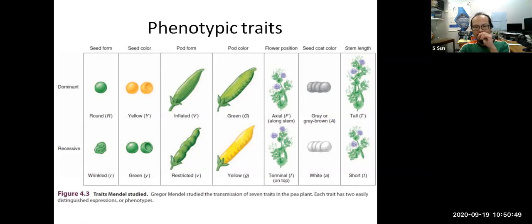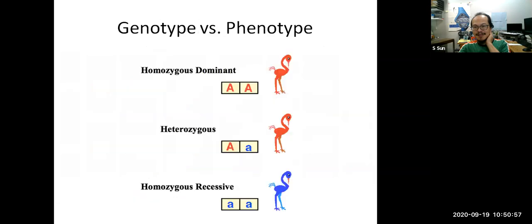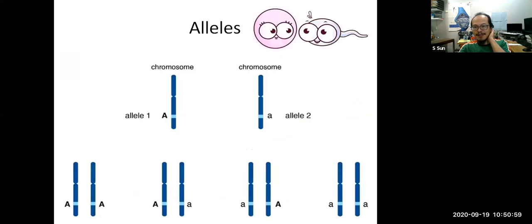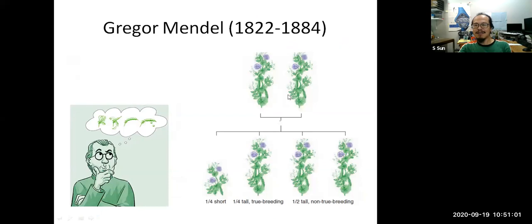And by doing so, he observed that if the parents right here are all tall, but the kids could be short, it means that tall must be a dominant allele. Short is recessive, because these two tall parents must carry one short allele.